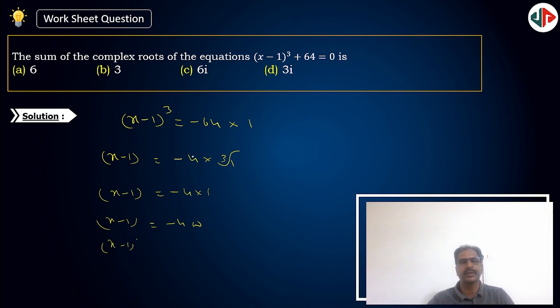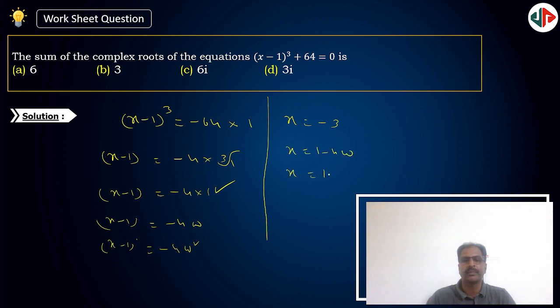So x minus 1 will be equal to minus 4 into cube root 1. So in place of cube root 1, write omega square and 1. So from this, what is the value of x you get? Minus 3. From the second one, 1 minus 4 omega.